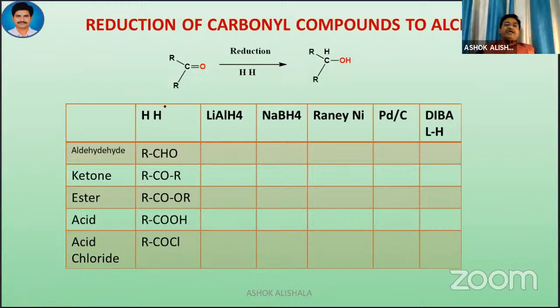Suppose if you write here H, that is going to be the aldehyde. And in the product also you will get this primary alcohol. Ketones will give the secondary alcohol on reduction. What is the action of lithium aluminum hydride?